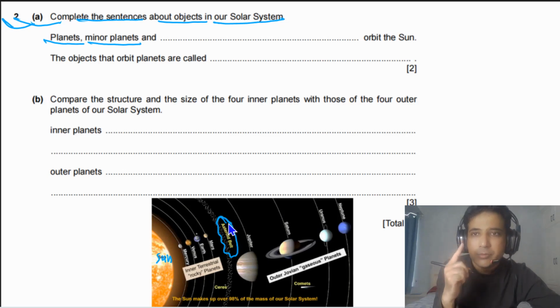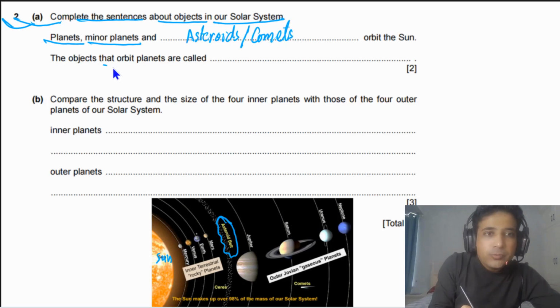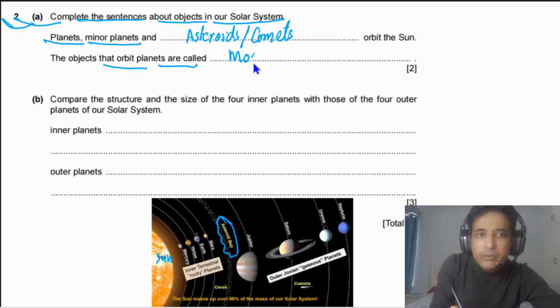They also orbit around the sun. So we can write down asteroids, they orbit around the sun, and also comets, they orbit around the sun. The objects that orbit planets, we call them moons, or we can call them natural satellites. So this is how we can answer part A.